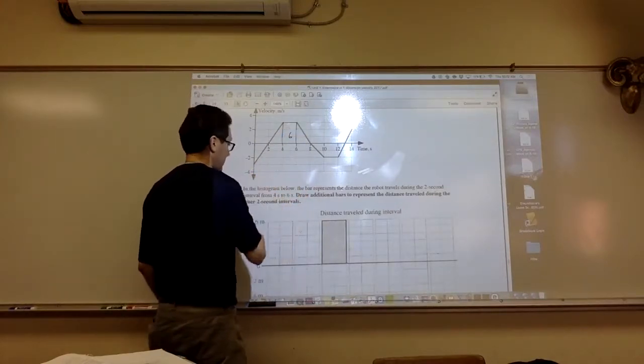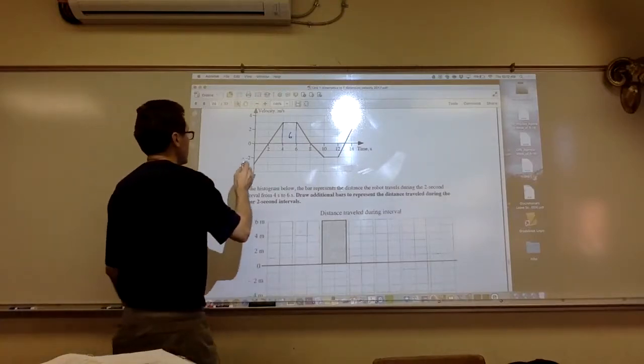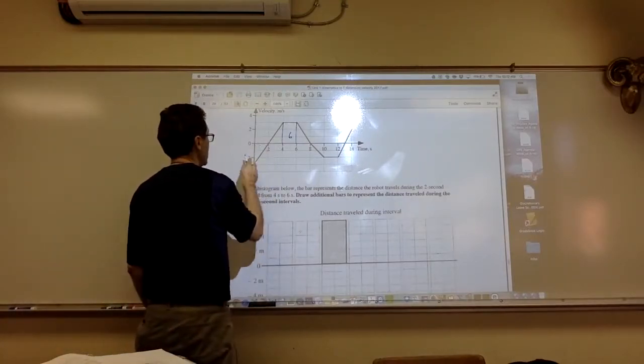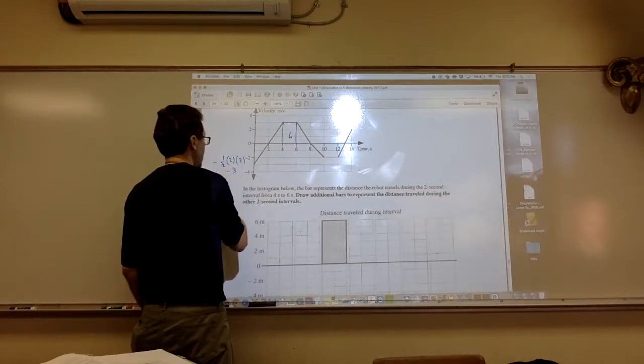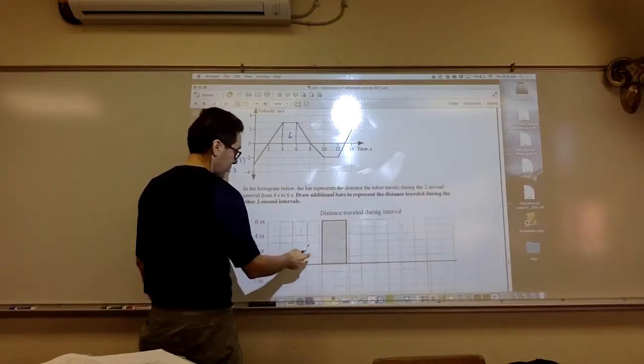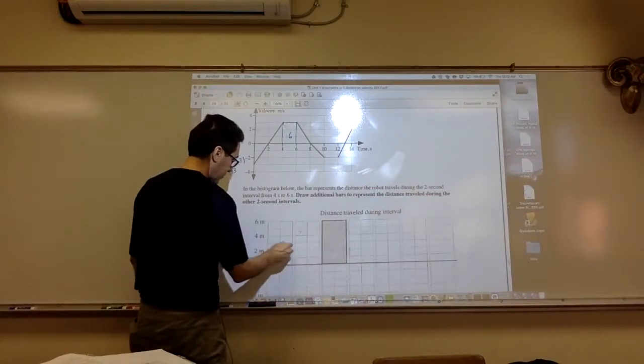So all we have to do is find the area between 0 and 2, 2 to 4, and all that stuff, right? So for 0 to 2, it's 1/2 the base times the height. It's negative, so this is going to be a -3, but in terms of distance, that's a positive 3. So if this is 1, 2, 3, 4, if that's taken 6 bars, this is going to take 3 bars.